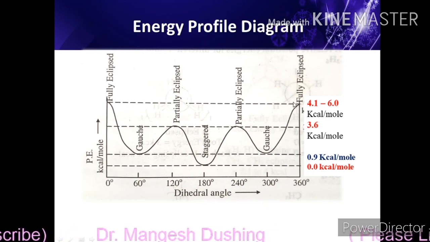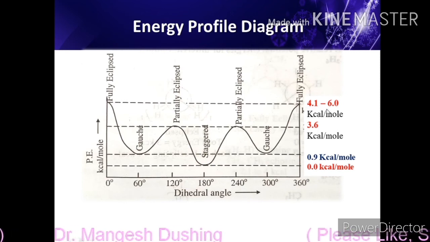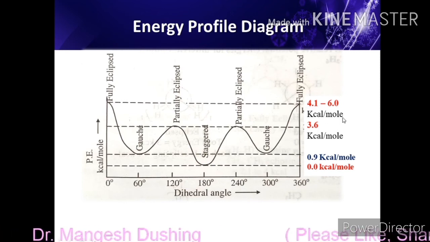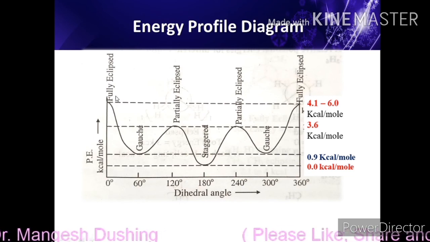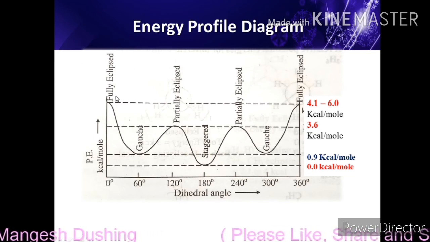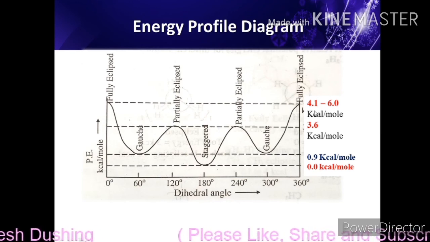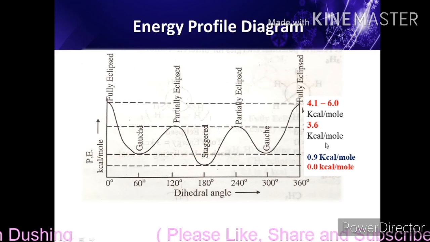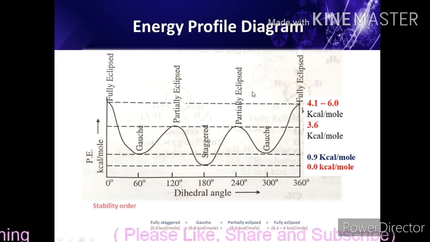It has a higher potential energy, around 4.1 to 6 kilocalorie per mole, and in these structures all groups, methyl groups, are parallel to each other, so energy is very high. So this diagram is called energy profile diagram.